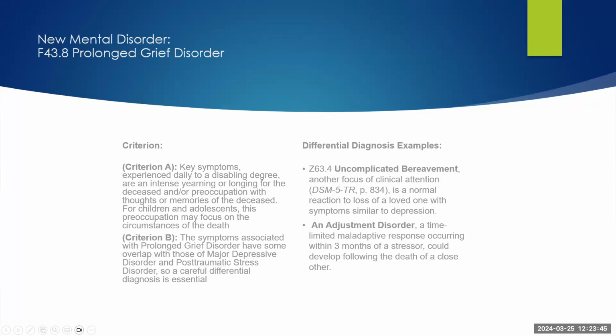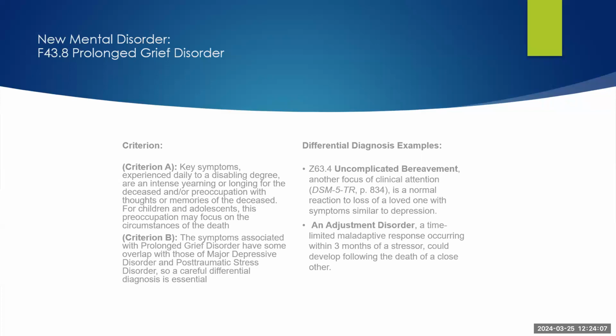Prolonged grief disorder was added to the TR, and it's a new mental health disorder that was added. It talks about trauma and stressors. Prolonged grief disorder is a maladaptive grief reaction that's present for adults for at least 12 months. Pay attention to the time frame here.